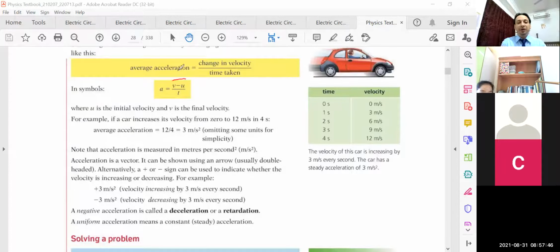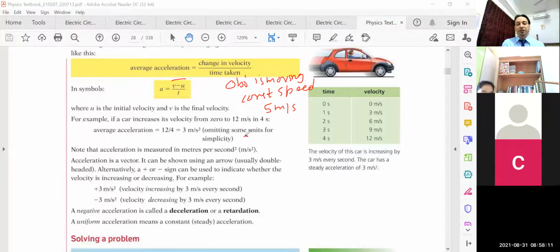If I say the object is moving with constant speed, constant speed means that the object is not changing its velocity. The object is moving in one particular direction and not changing its speed. Suppose the object is moving with a speed of 5 meter per second, and I have to find acceleration.